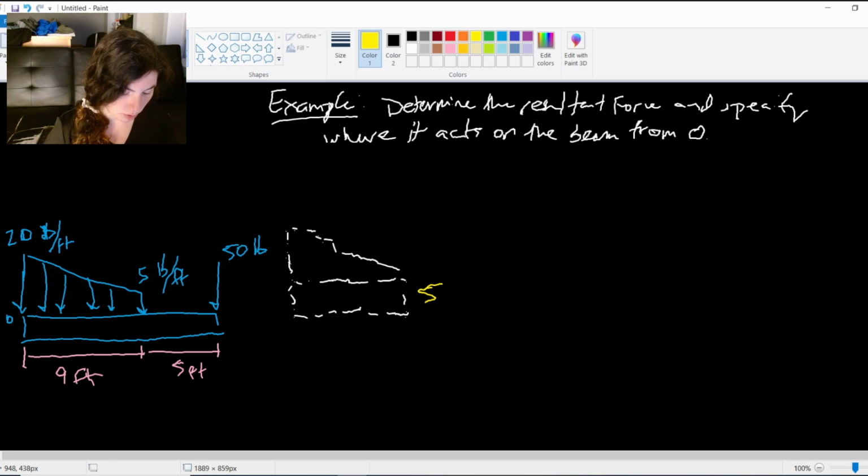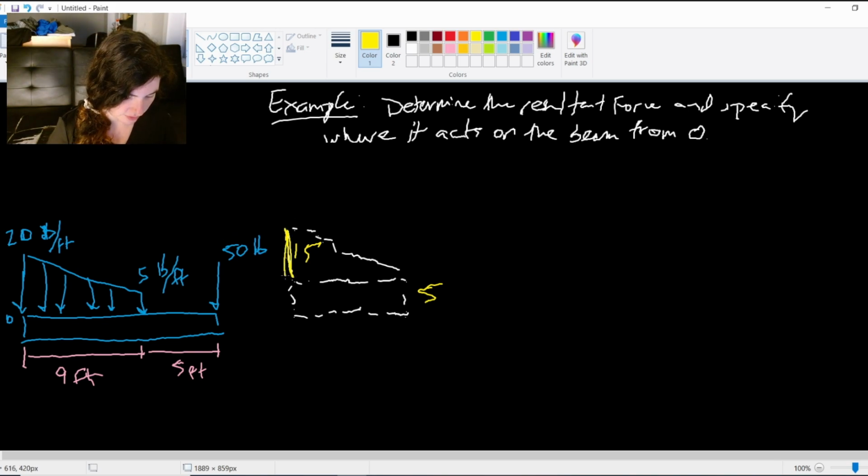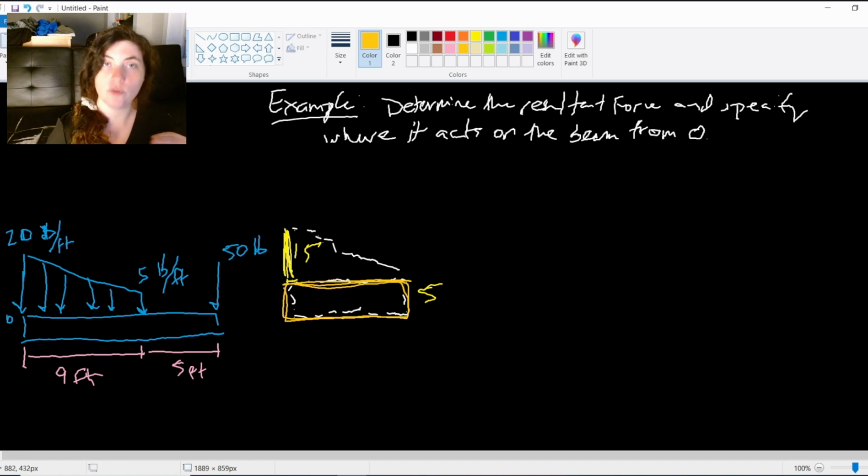And then our triangle component is actually minus that 5 to get this triangle, right? So this is actually 15 tall. 20 minus the 5 gives us that this triangle is 15, while this bottom area is going to be 5 tall, and it's both over the 9 feet.